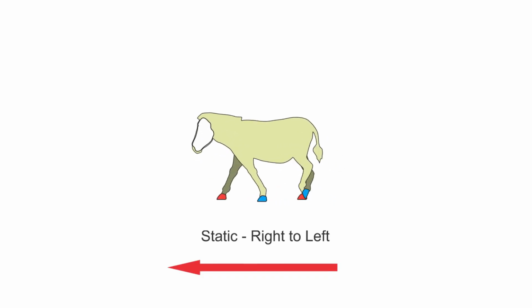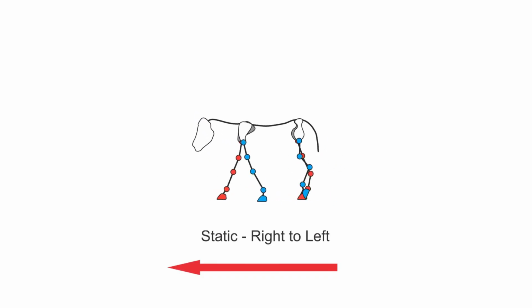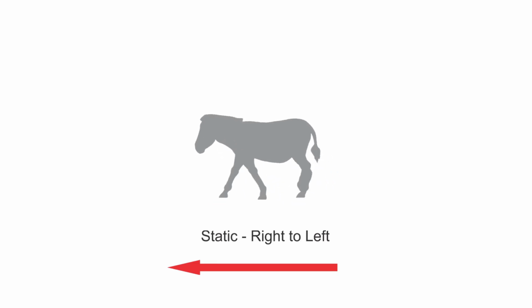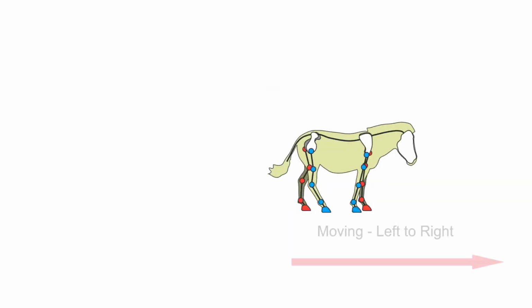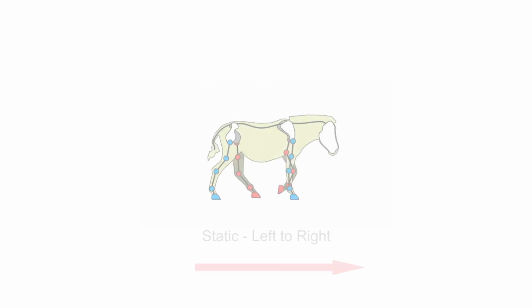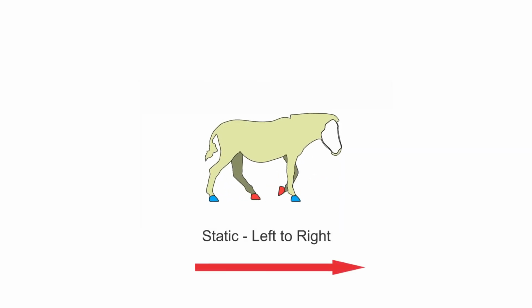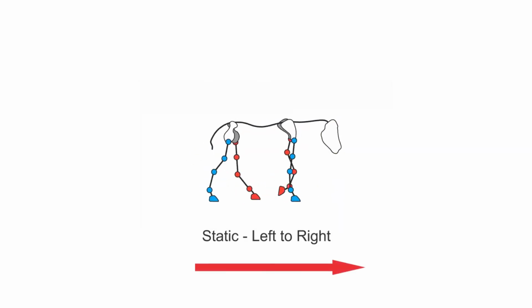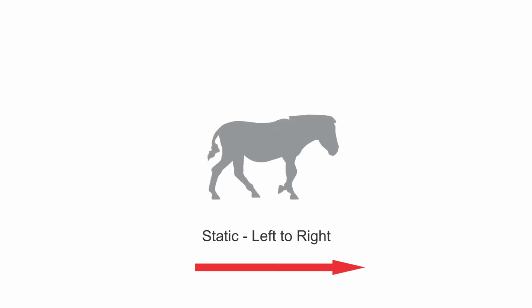These ones go from right to left, and they're in every format, all 4 formats. And then the same for the left to right templates, the moving templates, and also the static templates in the 4 formats: body and bones, body, bones, and the silhouette. So that's the formats the templates come in.